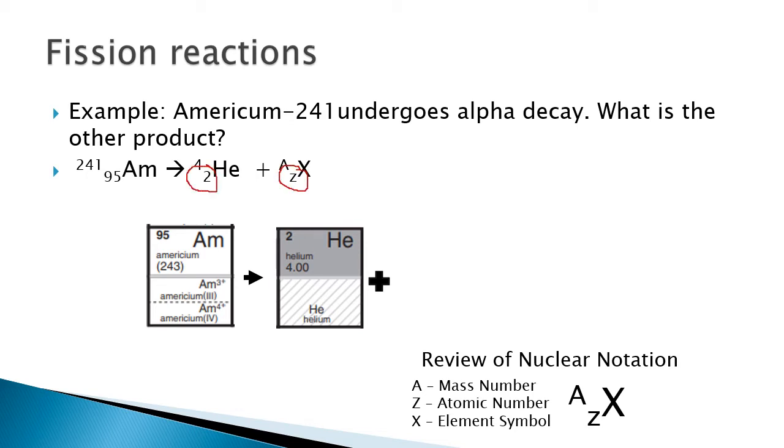So what's actually happening is americium is losing two protons. It is changing what the element is. These are nuclear reactions, not just chemical reactions where the chemicals and the elements stay the same. This is nuclear, where we're actually changing the elements, and we're also changing the mass numbers too.